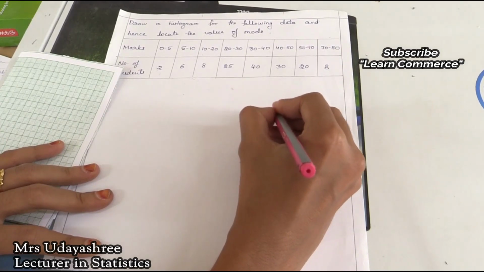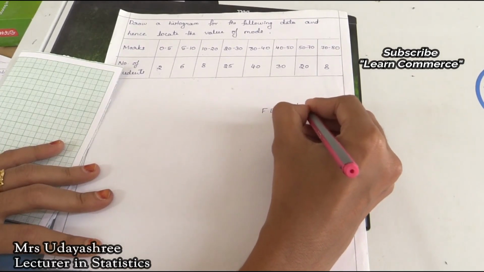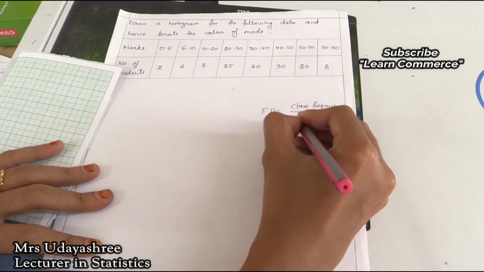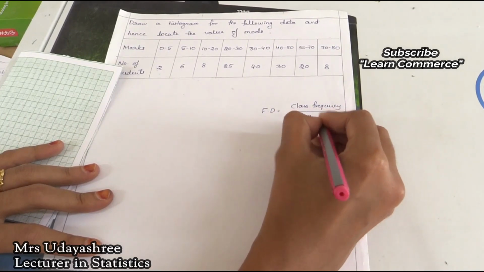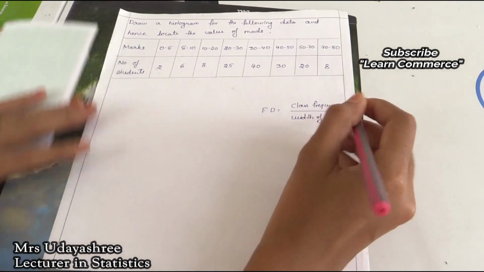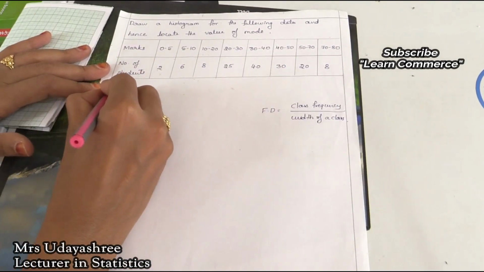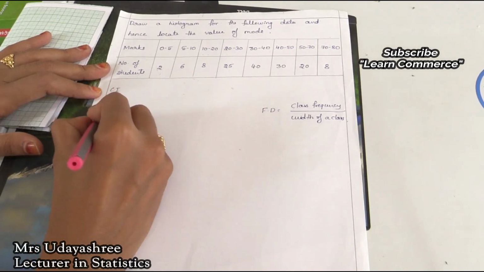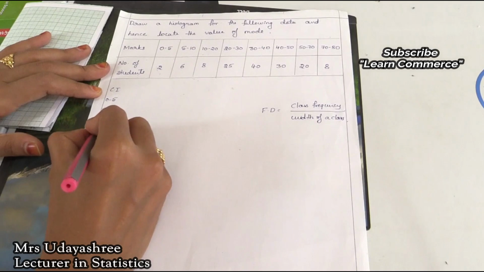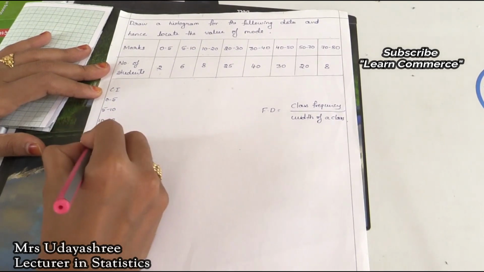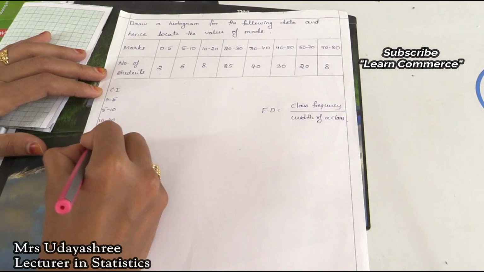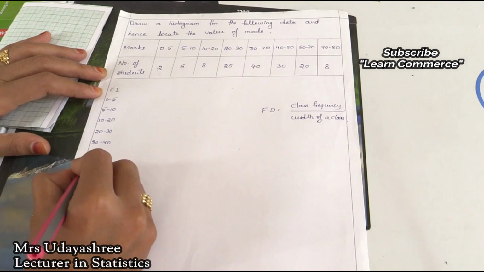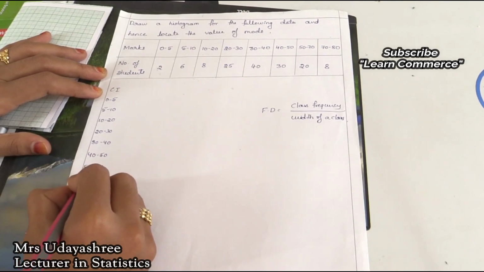The frequency density formula is class frequency divided by width of a class. First I will write the class intervals here: 0 to 5, 5 to 10, 10 to 20, 20 to 30, 30 to 40, 40 to 50, 50 to 70 and 70 to 80.